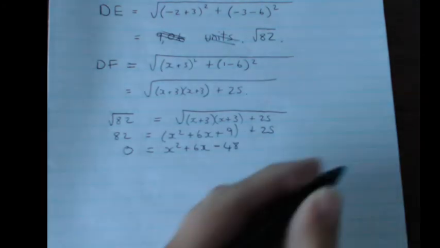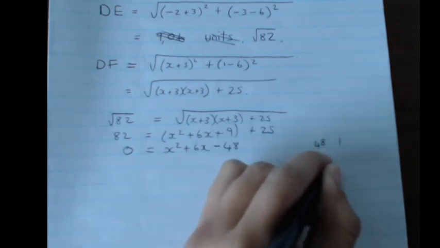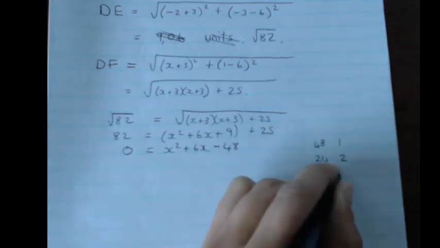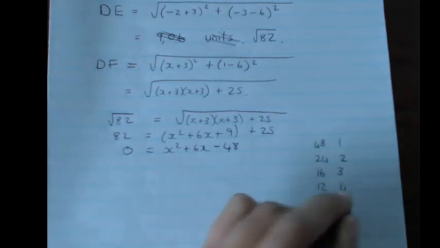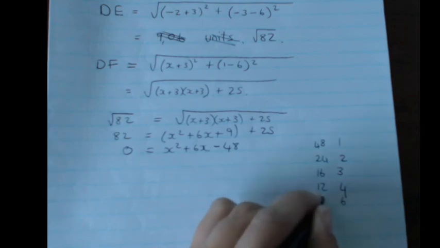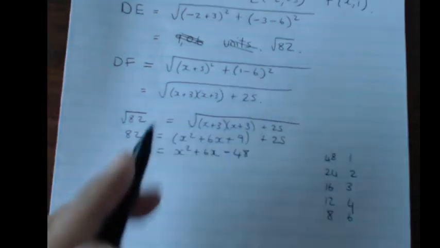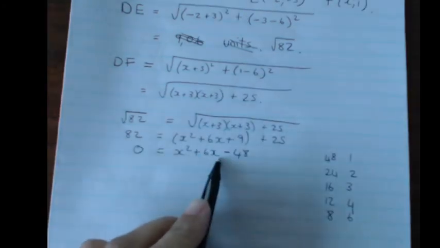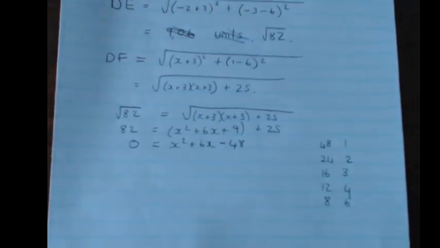Let me quickly list here: 48 and 1, then 24 and 2, 16 times 3, 12 times 4, 6 times 8. And none of this gives me 6. Did I make a mistake? Not that I can see.